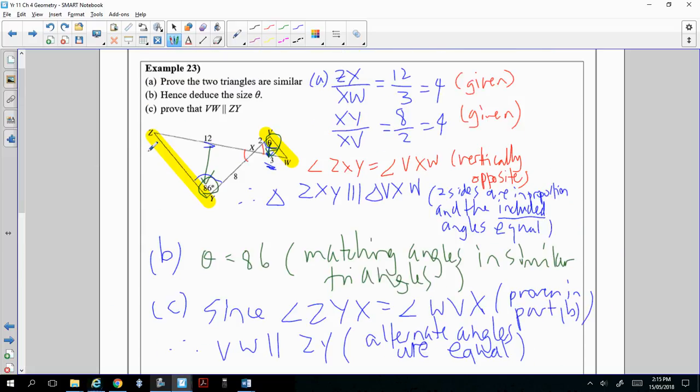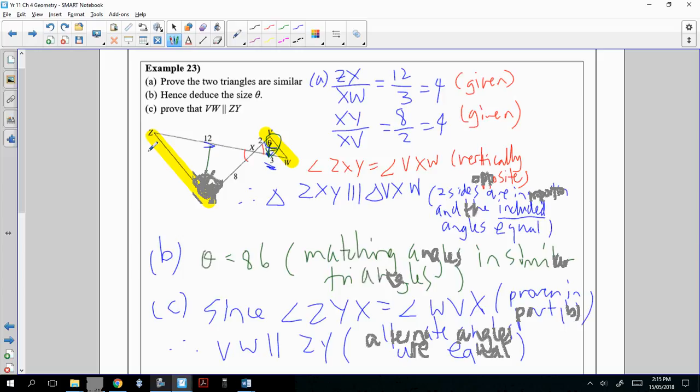Okay, hopefully all done. Try the next example, 24. Think about what similarity test you can use before you start to prove things. Start with something that you know, and then you only need 3. Okay, let's move on.